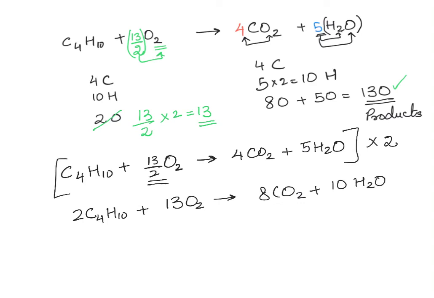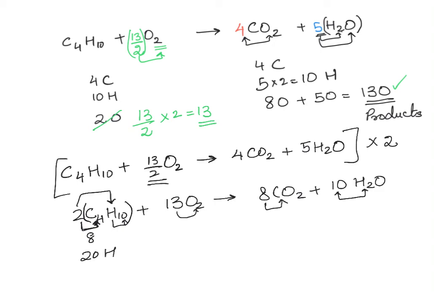If you go back and check, 4 carbons multiplied by 2 is 8 carbons. 10 hydrogens here, but overall we have 2, so 10 multiplied by 2, 20 hydrogens.